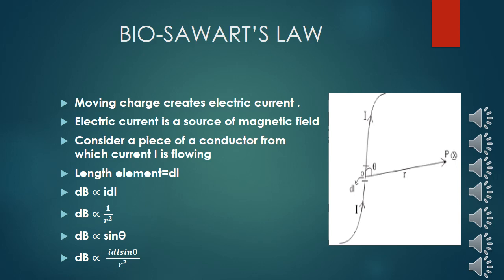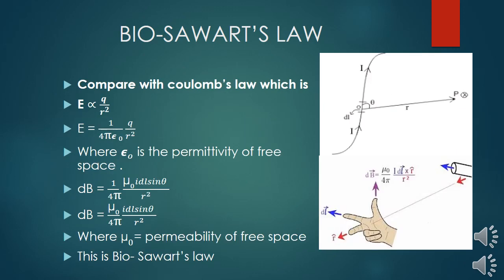Now combining all three relations, dB is directly proportional to Idl sine theta upon r square, where Idl is the current element, meaning the source of the magnetic field, and theta is the angle between position vector r and current element dl, and it is also inversely proportional to the square of this position vector.